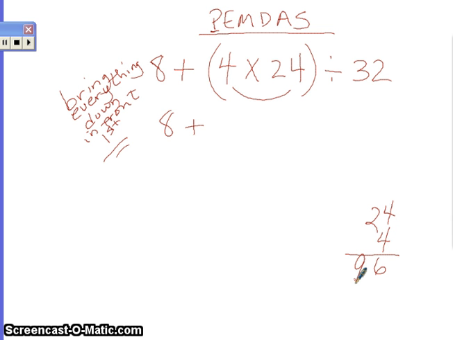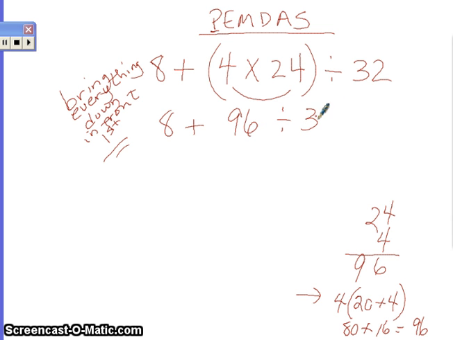Now 24 times 4 you should be able to do in your head. You can use the distributive property: 4 times 20 is 80, plus 4 times 4 is 16, which was another flip lesson we had, which is 96. So there's that answer, and we bring everything else down in the problem.